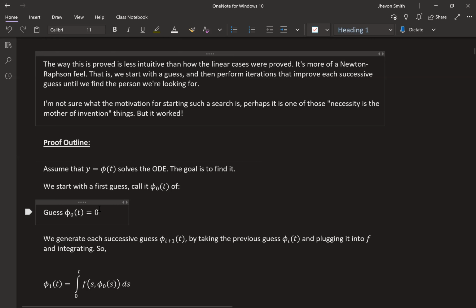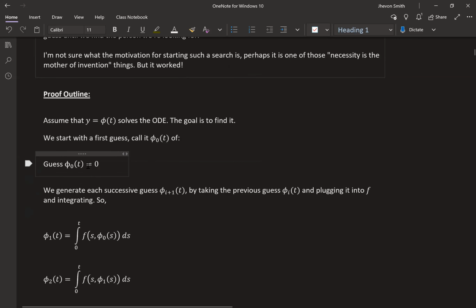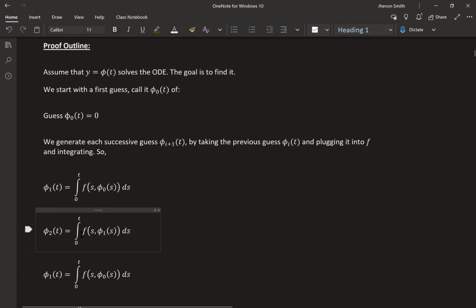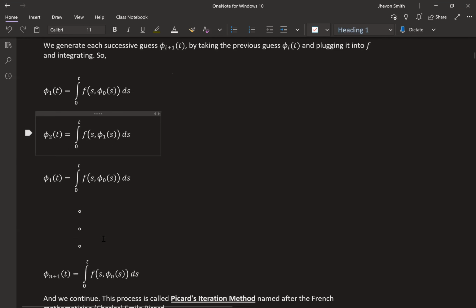And then you would take that answer and plug it into the function and integrate. Then you create another function that hopefully is closer to what the solution should be. And then you take that answer and plug it into the function again and integrate again. You get another function. And then you do this again, and then you do this again.